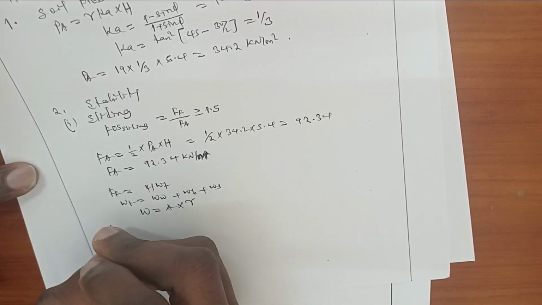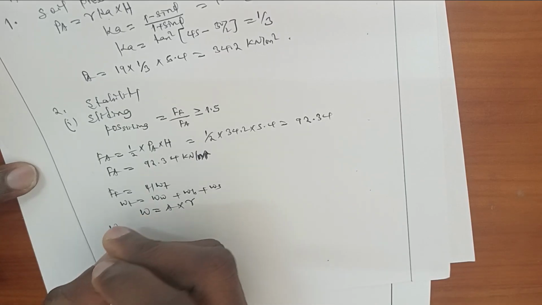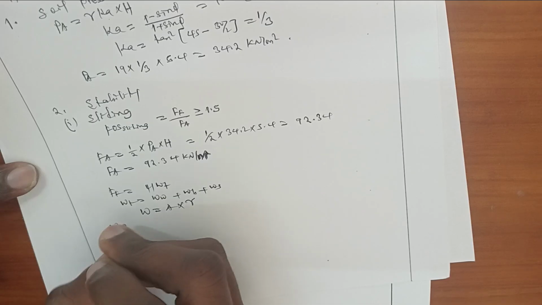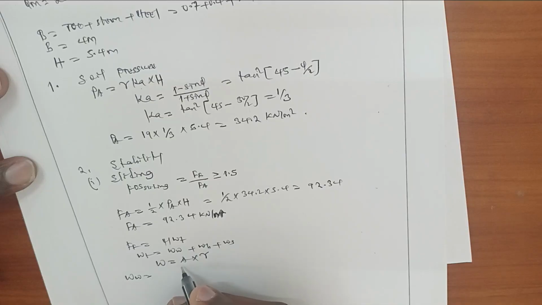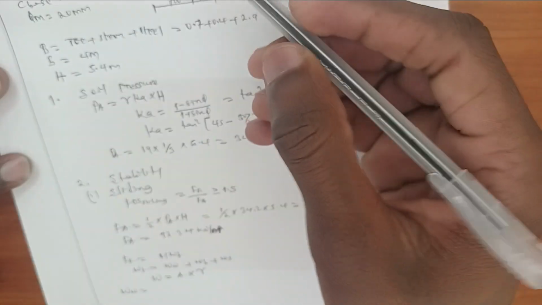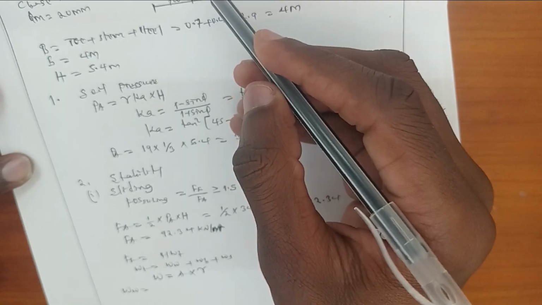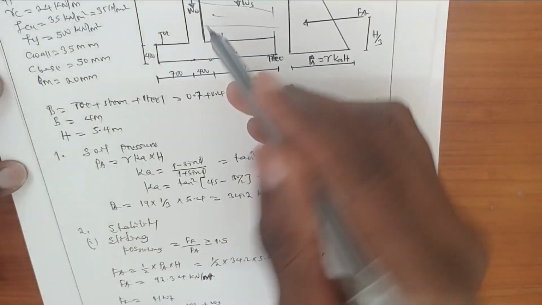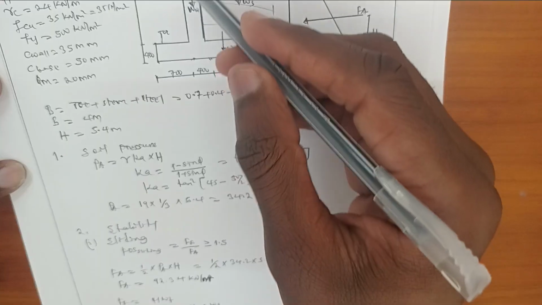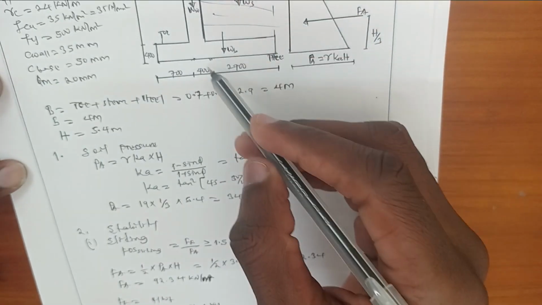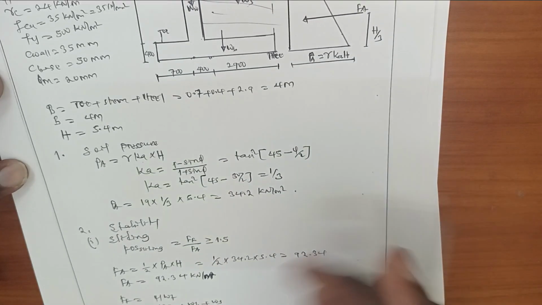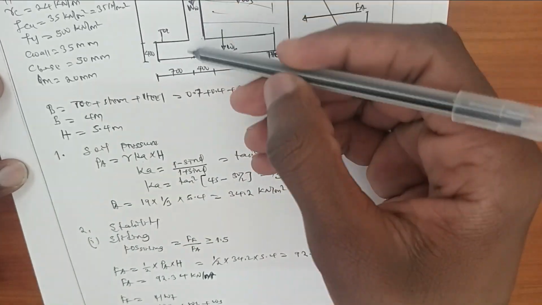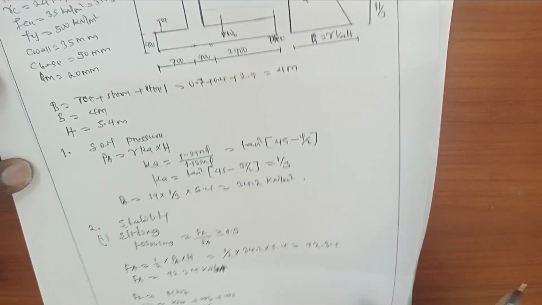Now, weight of soil, weight of stem. Let's start with the weight of the stem. The weight of the stem is obtained by taking the area of this stem times the unit weight of concrete. The thickness of this stem is 400 millimeters, which is 0.4 meters, and the depth of this stem is 5 meters.